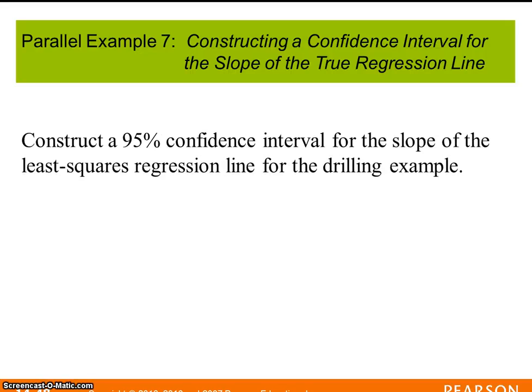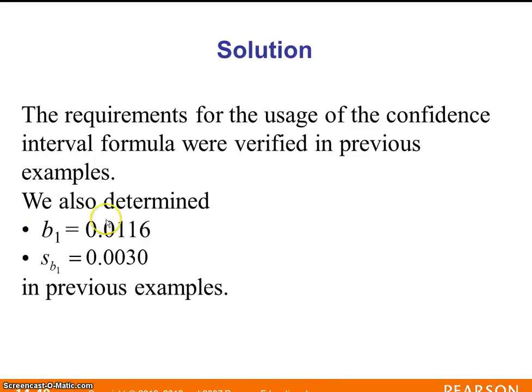As an example, let's construct a 95% confidence interval for the drilling data that we looked at earlier. We calculated a lot of these things already. B sub 1 is given by this, and S sub B sub 1, the standard deviation of the slope, is given by this. Remember, this is the slope of the line.